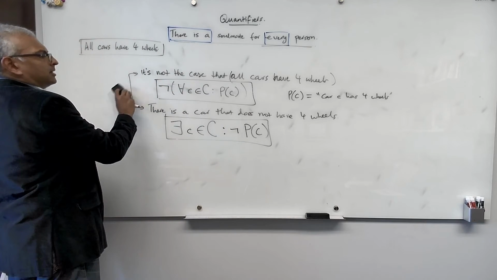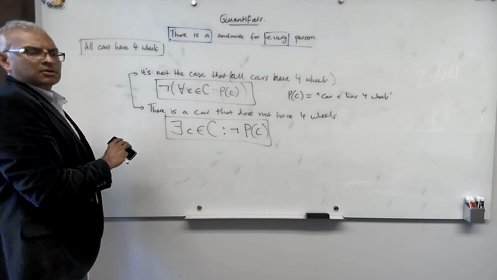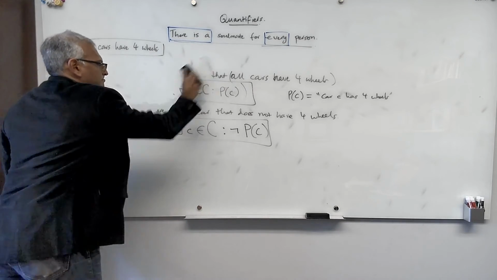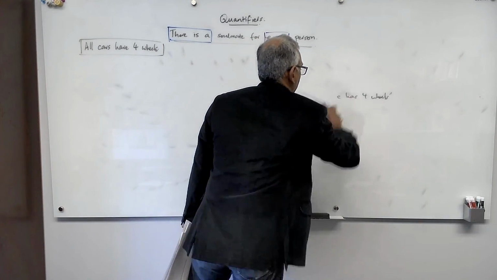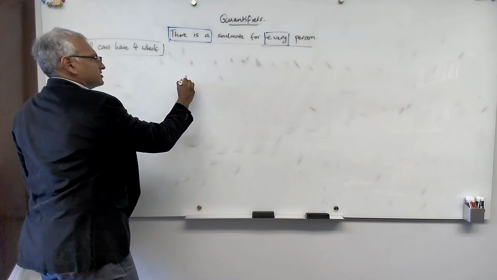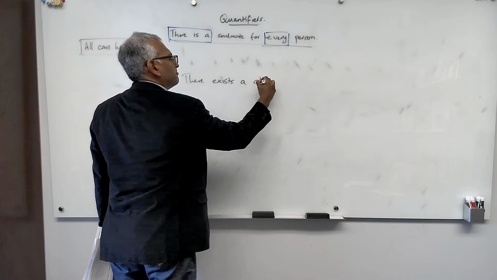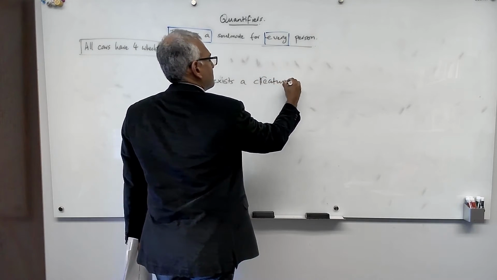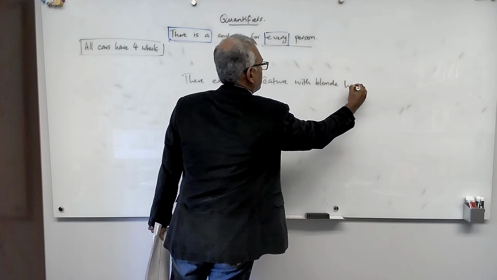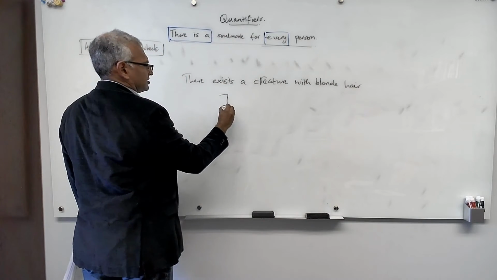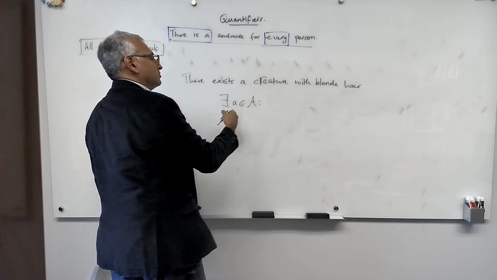And let's consider the situation where there exists a creature with blonde hair. So we said there exists a creature A in the set of creatures such that A has blonde hair.